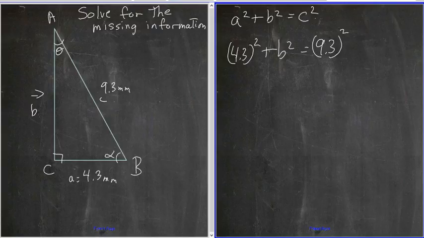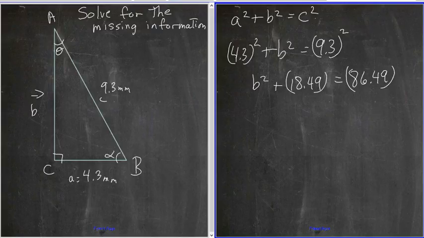That would mean b squared plus a squared, which would be 18.49, equals 9.3 squared, which would be 86.49.